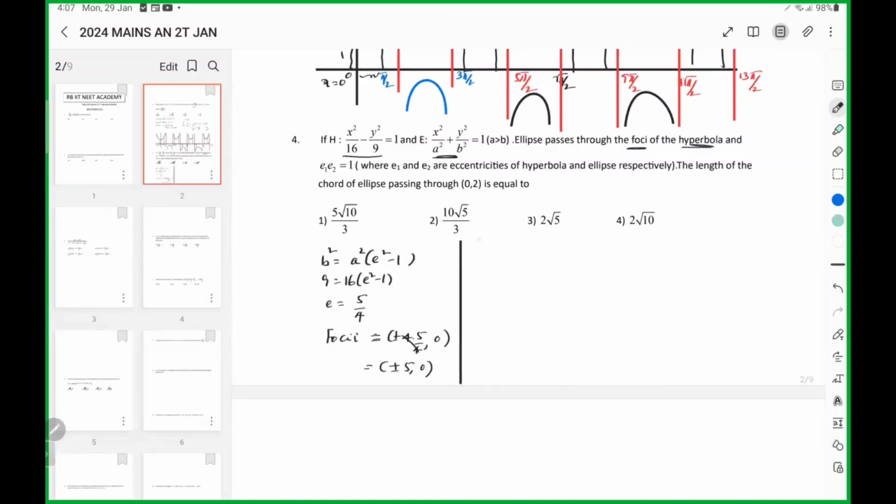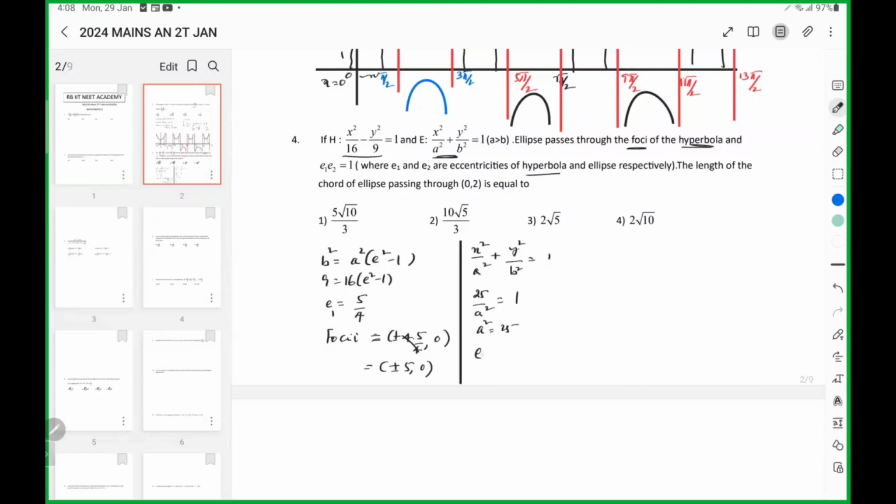Now this ellipse passing through foci 5 comma 0, so 25 by a square is 1, a square is 25. And here the eccentricity is e1 for the hyperbola.